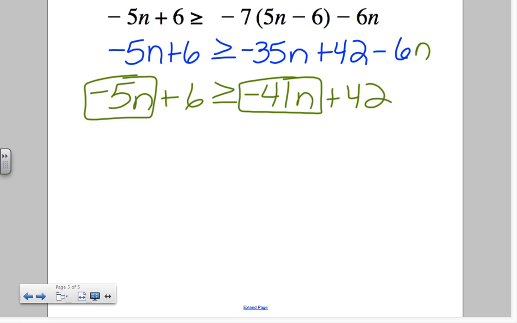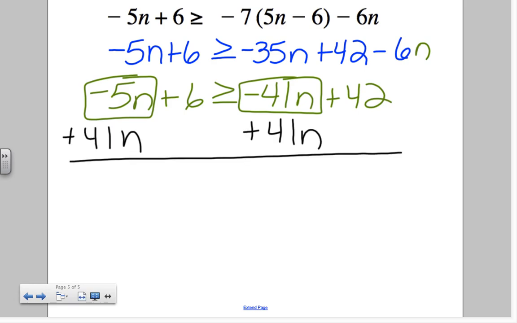All right, so here we go. I'm going to get rid of this negative 41n with a positive 41n. There she is. And we've got 36n plus 6 is greater than or equal to 42. Why is it taking so long? My screen is just taking a little longer today.